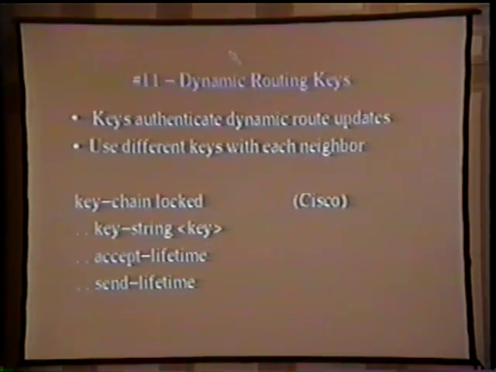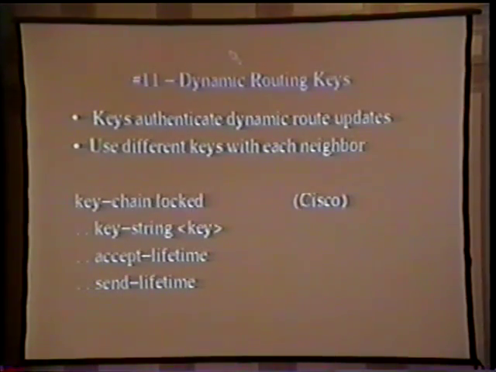Okay, so dynamic routing keys. This is where you are authenticating that the routing update you receive is actually from the neighbor, and that somebody is not spoofing the routing neighbor you're expecting the update from. You would want to use different keys with each of your neighbors. That way, one neighbor could not send updates pretending to be some other neighbor that you had.